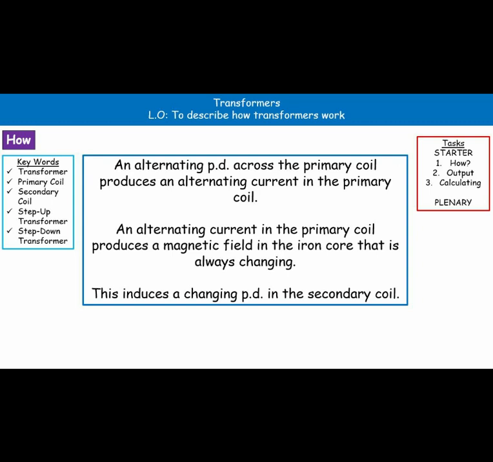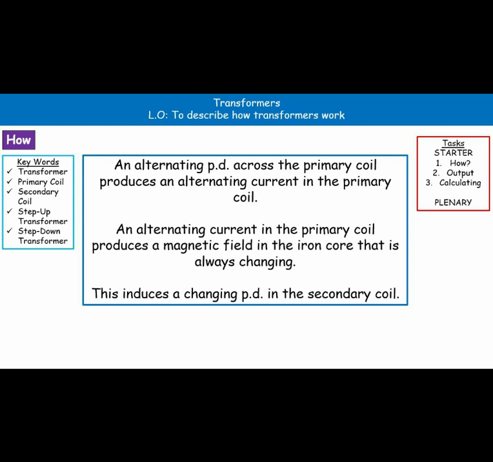As a result of that alternating current in the primary coil, we get a magnetic field within that iron core. And because the alternating current is constantly changing, positive to negative and so on, we find that that magnetic field in the iron core is constantly changing.